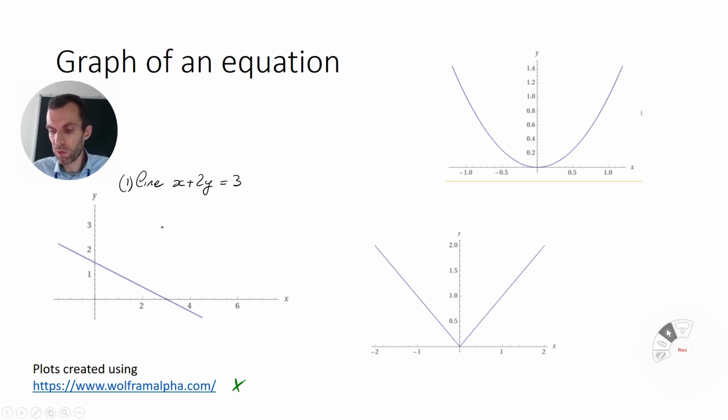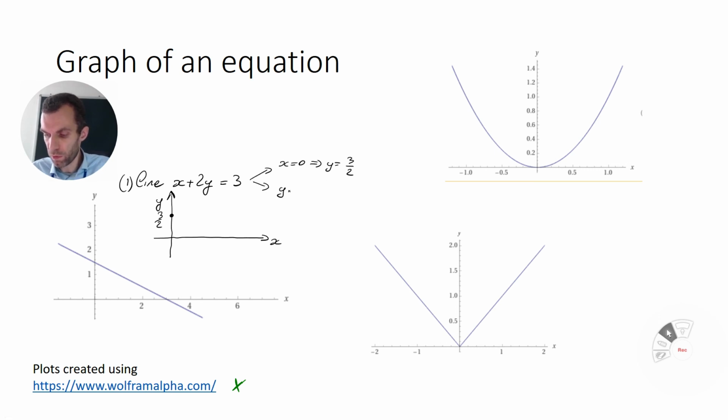So let's assume for a moment that we don't have this plot from Wolfram Alpha, and let's try to plot that. Well, what do we know? If we put x is 0 in this equation, then we have 2y is equal to 3. So y is equal to 3 over 2. So we know the point with coordinates x is 0 and y is 3 over 2 is going to be on the line.